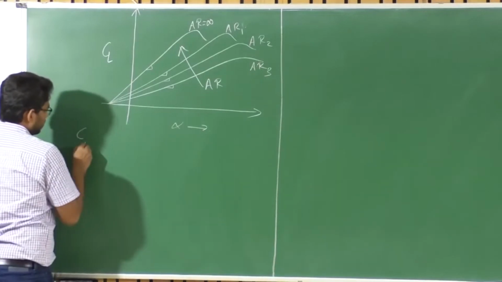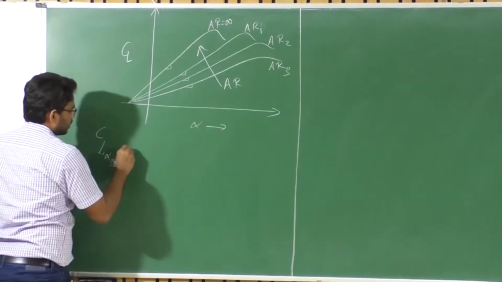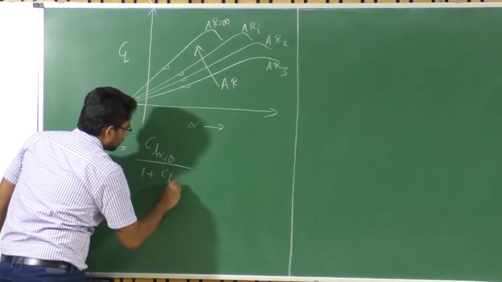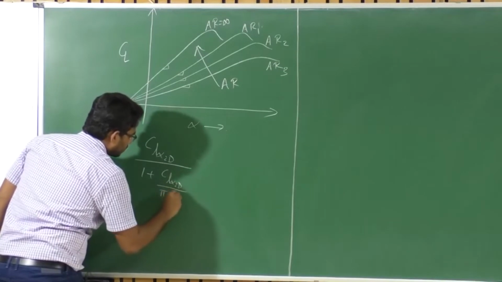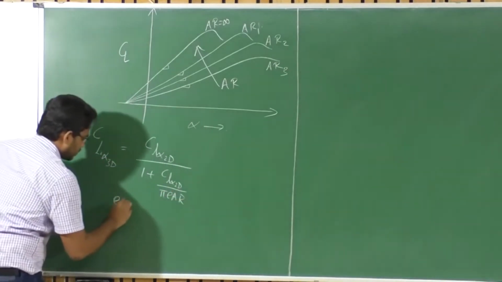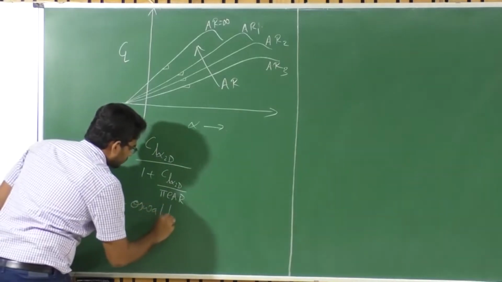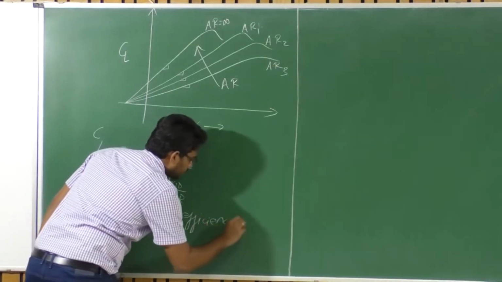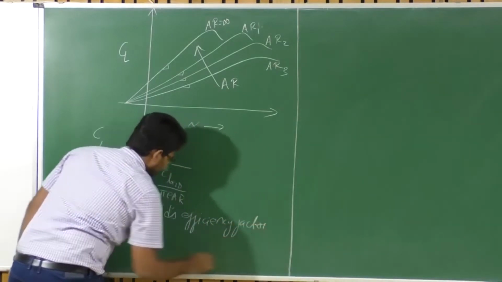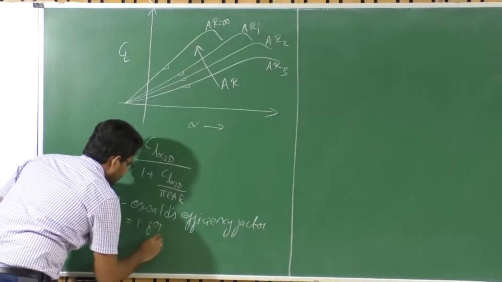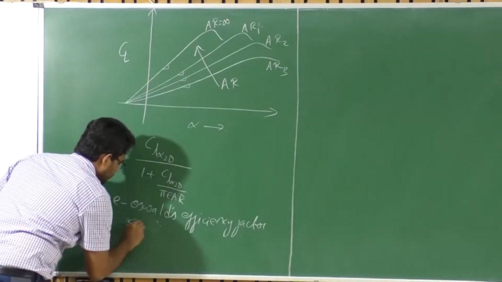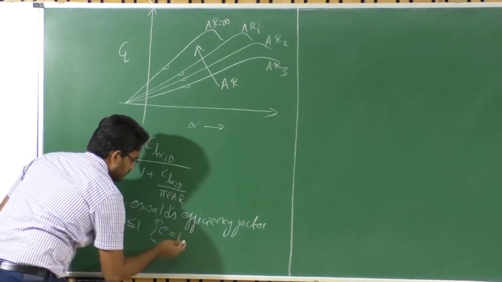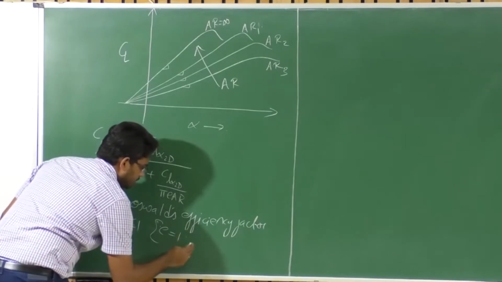And we have related CL alpha 3D is equal to CL alpha 2D upon 1 plus CL alpha 2D upon pi E AR, where E is the Oswald's efficiency factor, and the limits are less than or equal to 1, where E equal to 1 corresponds to an elliptical wing, right?